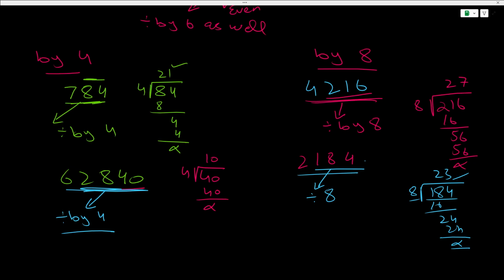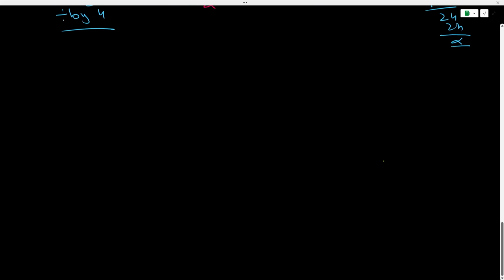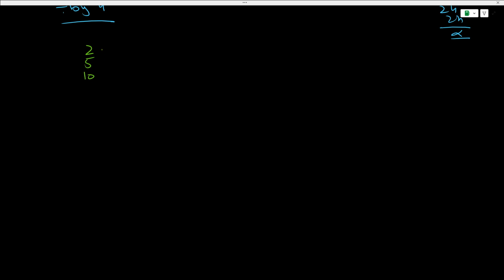These were the rules for the numbers. Okay, let's revise it. I'm going to make a table. 2, 5 and 10. The divisibility rule for 2, 5 and 10 is the same. What we do is check the last digit.